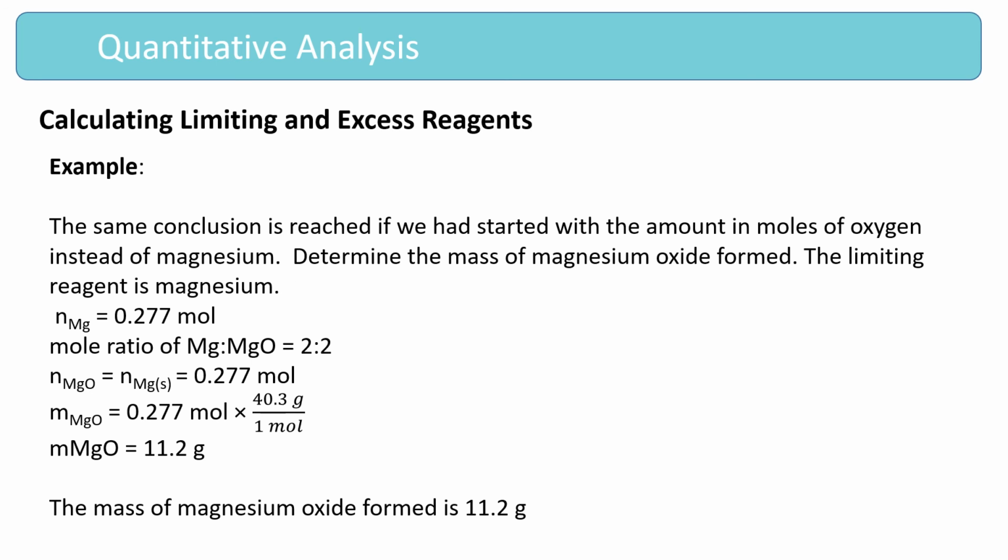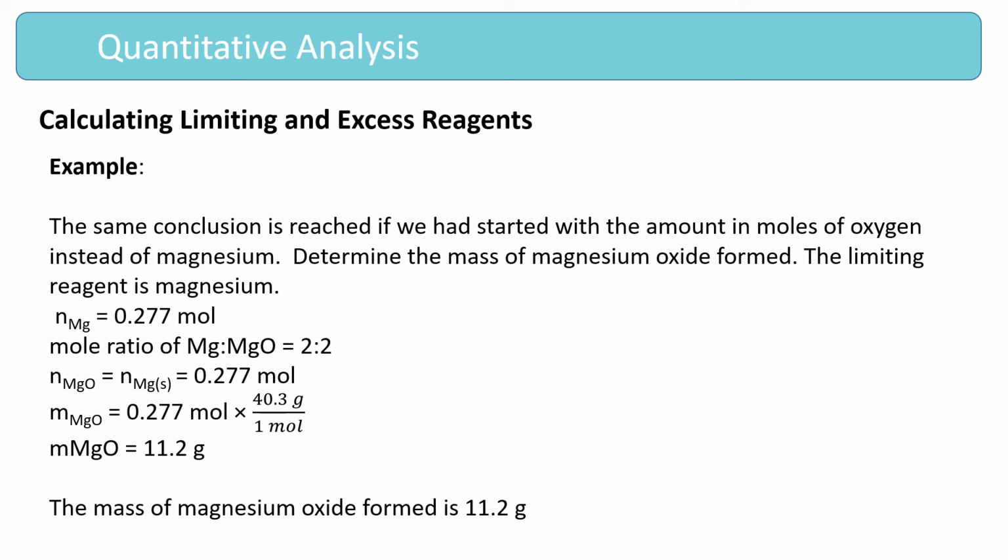The same conclusion is reached if we had done it the other way, by using the mass of magnesium oxide. So the limiting reagent is magnesium. And we've got the calculations worked out here for you. So n of Mg is 0.277. The mole ratio is 2 to 2, so n of MgO is the same as n of Mg, 0.277 mole.